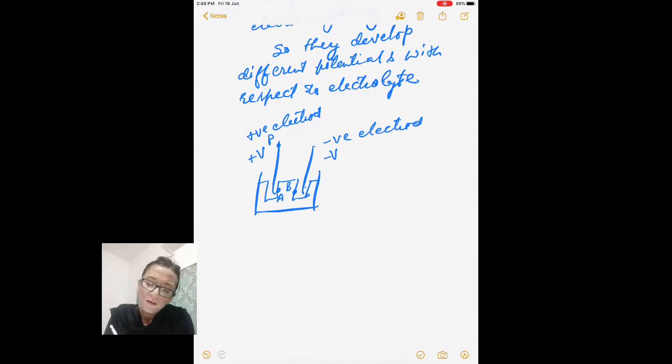So you can see that it is at negative potential. What will be the potential from B to Q, meaning VB minus VQ? Since Q is at a negative potential, B will obviously be at a greater potential.